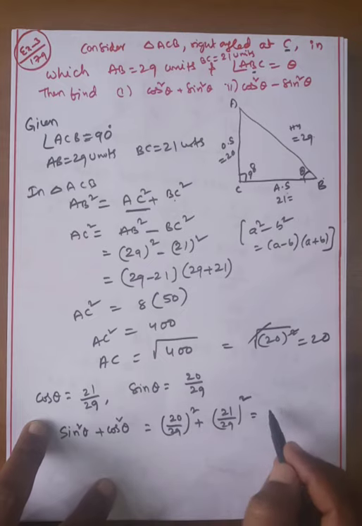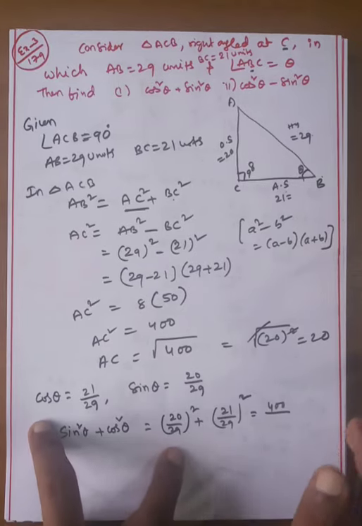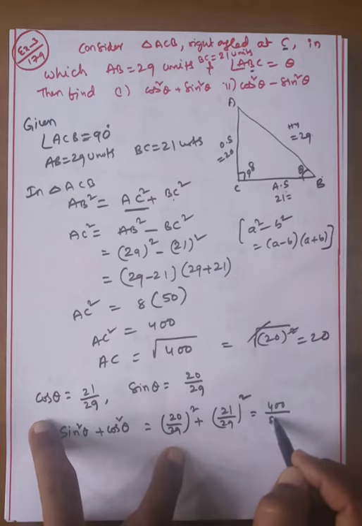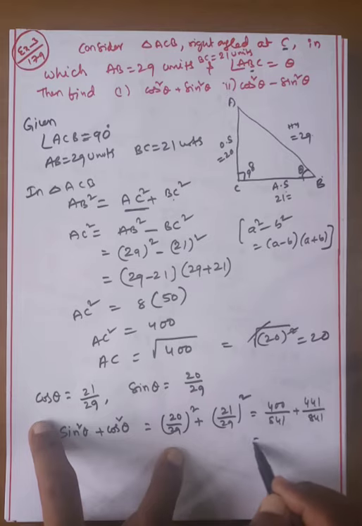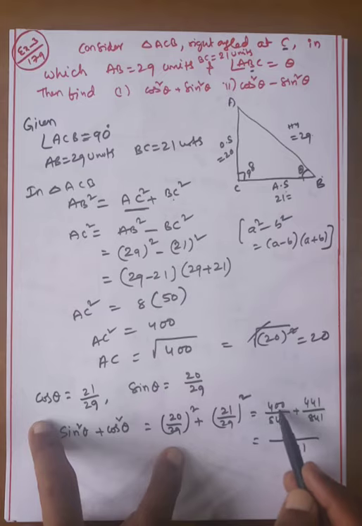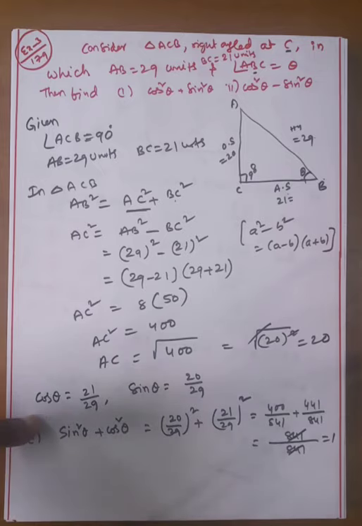What is the 20 square? 400 by 29 whole square, 841, plus 21 whole square means 441 by 841. What is the LCM? 841. Bases are equal. Numerator should be 400 plus 441, 841. This one cancels. This is one. Identity: sin square theta plus cos square theta is equal to 1.